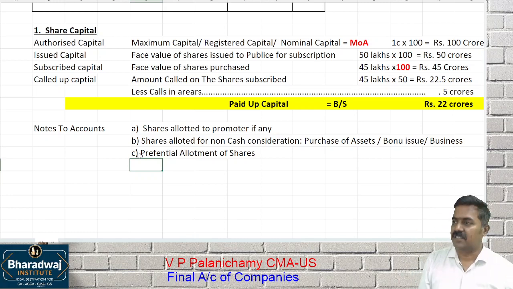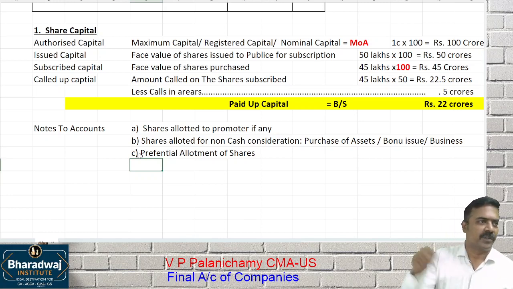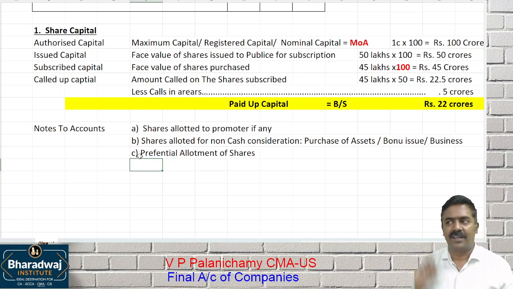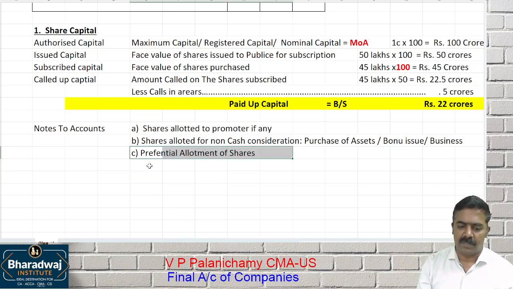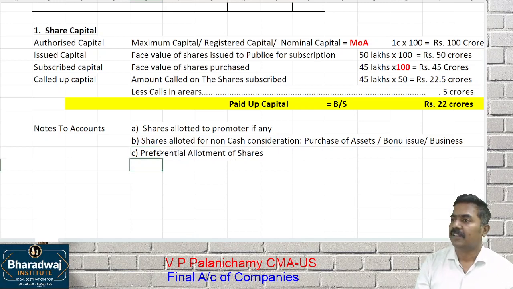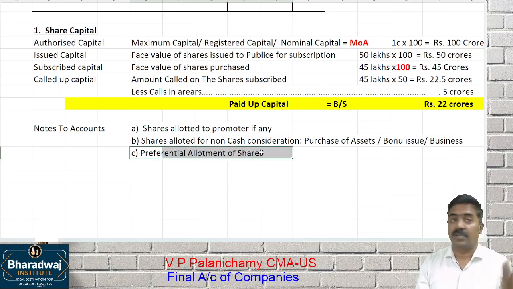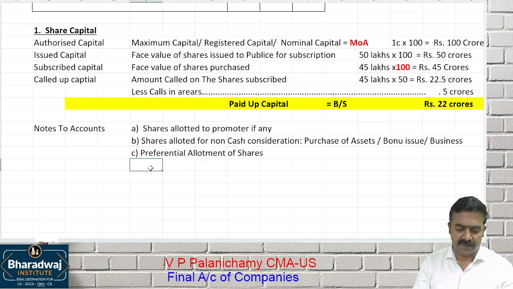Managing 50 people is difficult, but managing one person is easy. Instead of collecting 1 crore from 50 people, from one person the company can collect 50 crore and close the issue. That is called preferential allotment of shares.